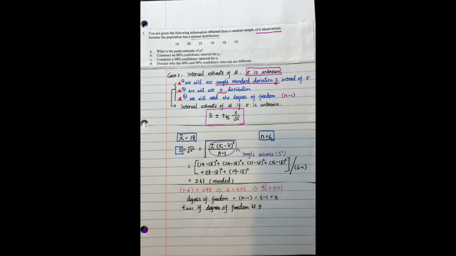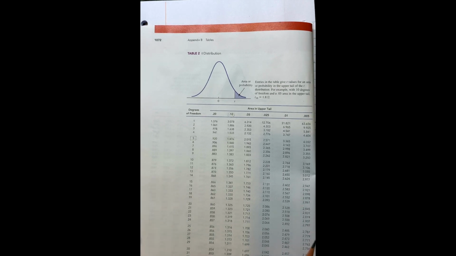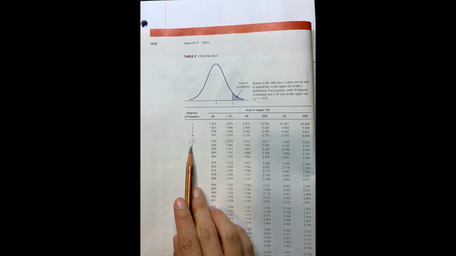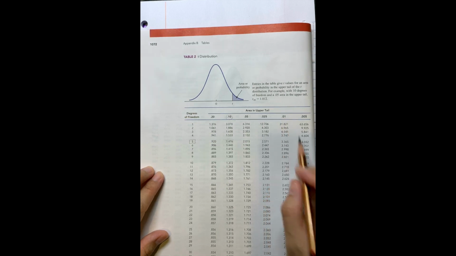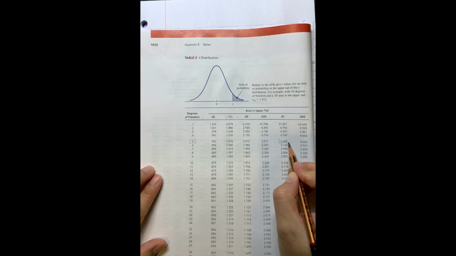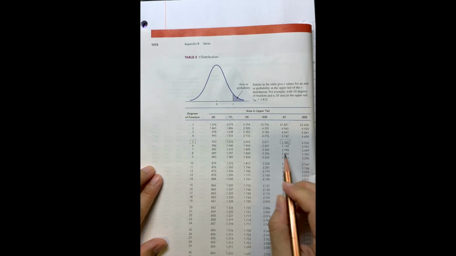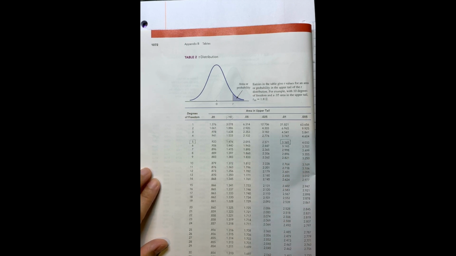And then find this t-value. You might find we still have the degrees of freedom equal 5. However, now the t-value should be at this level, 0.01. Therefore, we have the t-value equal 3.365, okay?